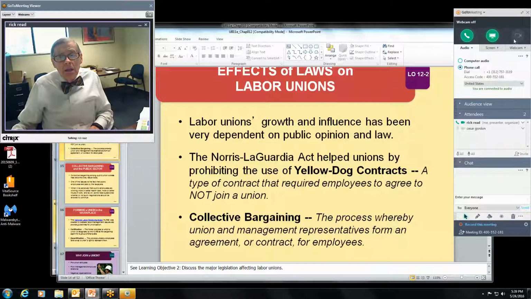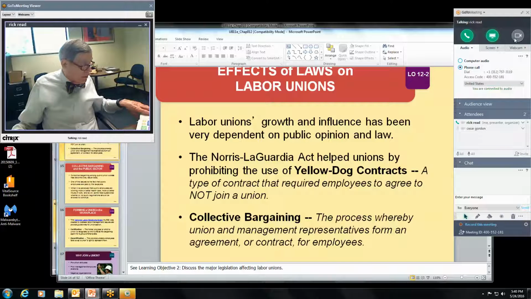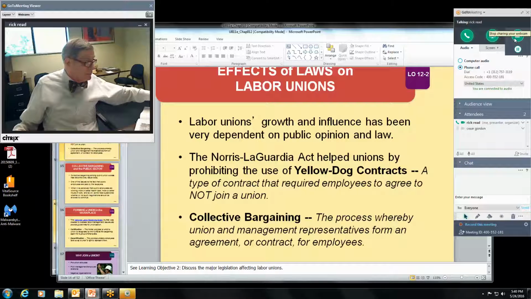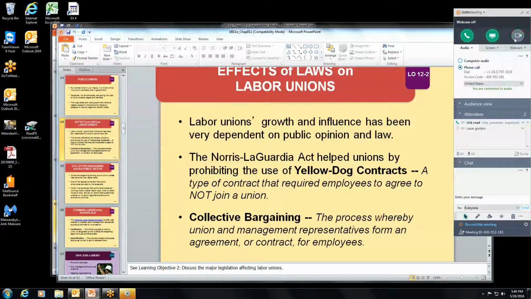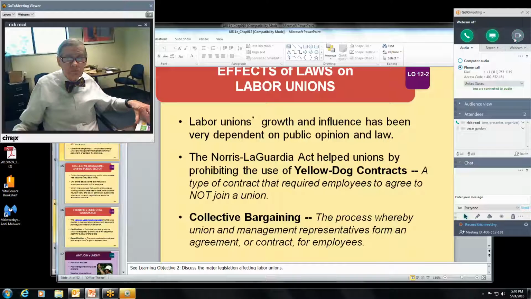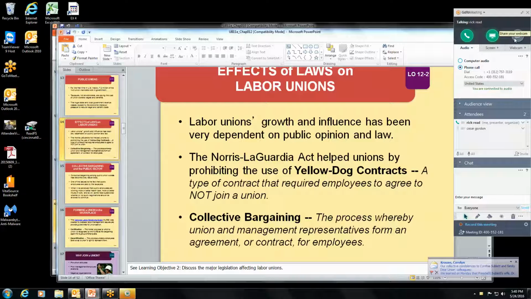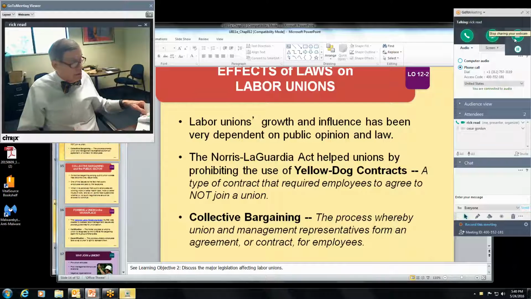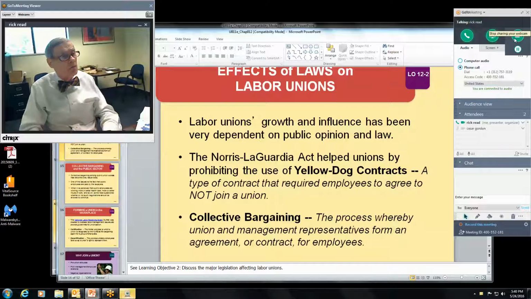Now, one of the things that it says here, and you'll notice this in the text, is about a number of labor laws that we have today. We didn't always have those. And for many years, the people who went to work were required to sign yellow dog contracts. And that means that they promised they wouldn't come to work for a union.